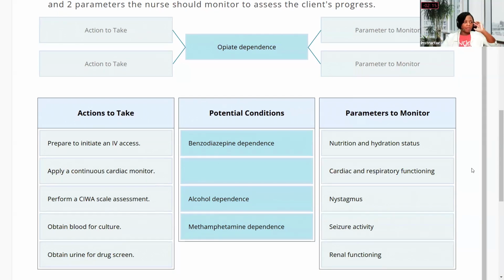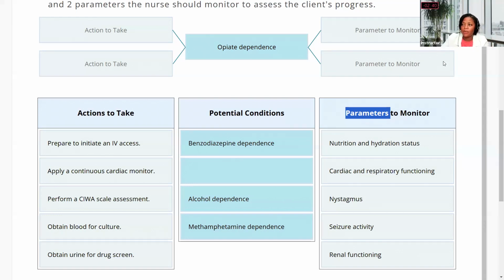And if you are also moving over to the parameters, you're already thinking about what I want to monitor after I've implemented my actions, you can do the same thing by putting in the chat the letter P for parameters. And then your number 1, 2, 3, 4, or 5. Again, we have to pick two. All right.